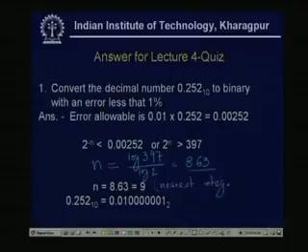So, when we convert 0.252 to binary, if we take the number of bits after the decimal point as n equal to 9, then the error will be less than 1%.